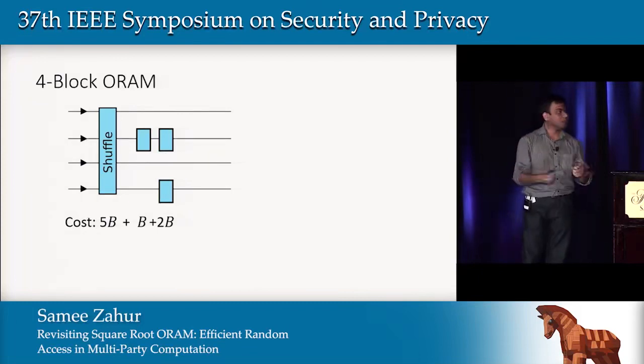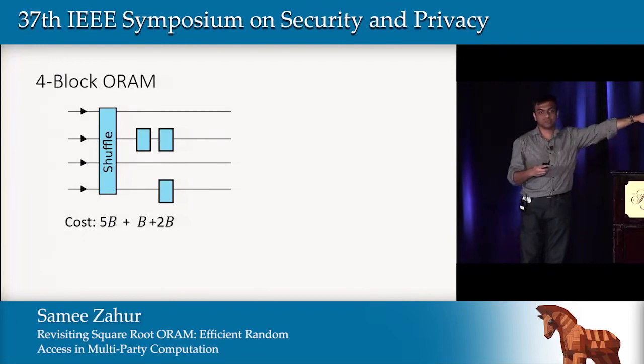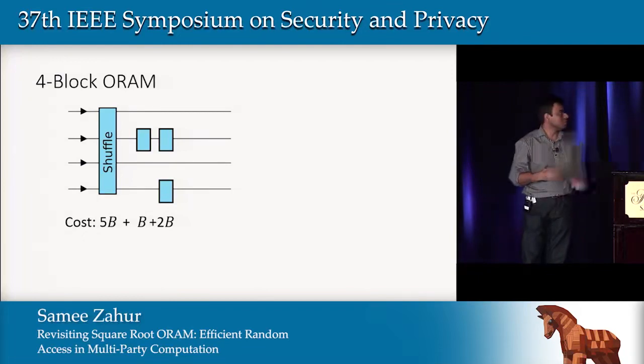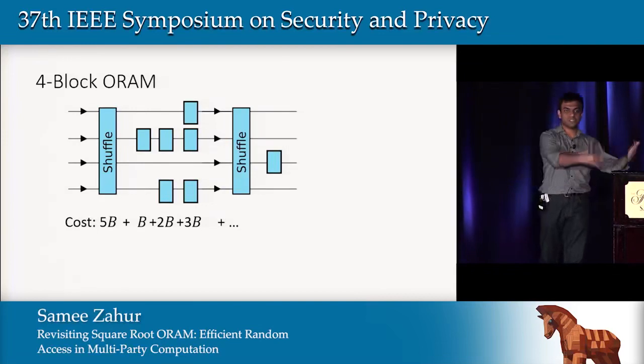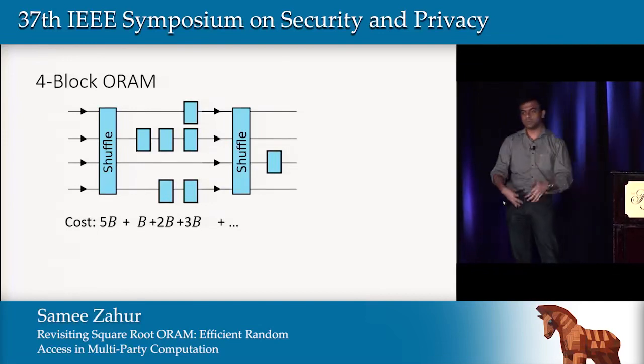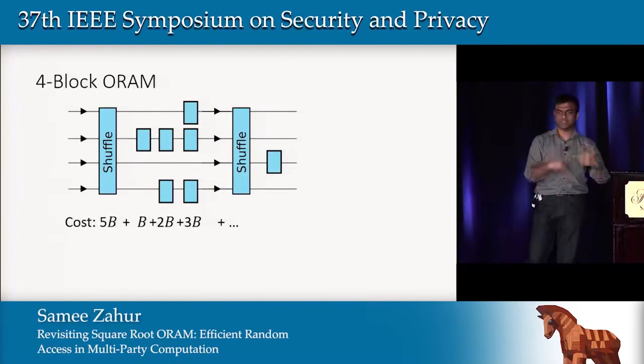But other than that, we now have to pay 2B bytes worth of communication. For the third access, we'll have to pay 3B bytes of communication. And what we do in our construction is that from the 4th access onwards, we'll just reset the whole process. We'll just shuffle again, do 1B, 2B, 3B, shuffle again, 1B, 2B, 3B, and so on and so forth.